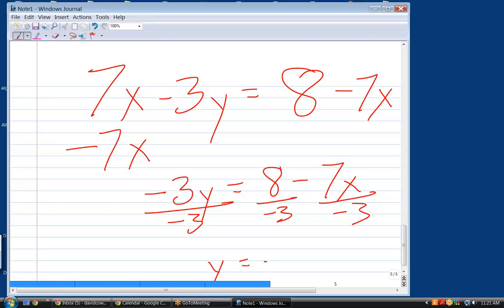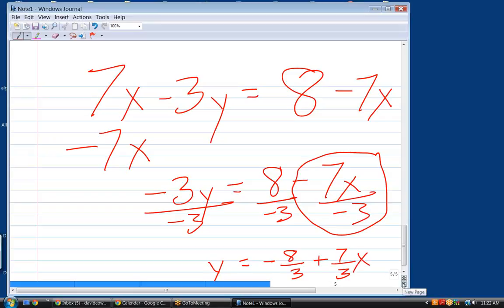Okay, that is the same thing as negative 8 over 3. And then what's this part? Isn't it, if two negatives divide, they become a positive? Yep. So it's a plus. Yes, it's going to be plus 7/3 x.